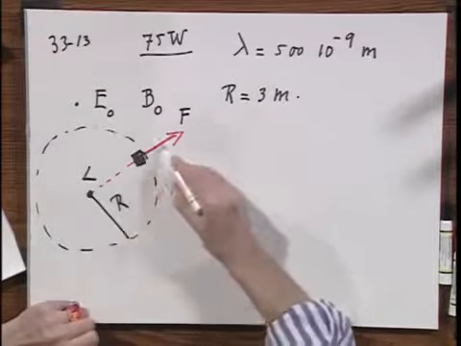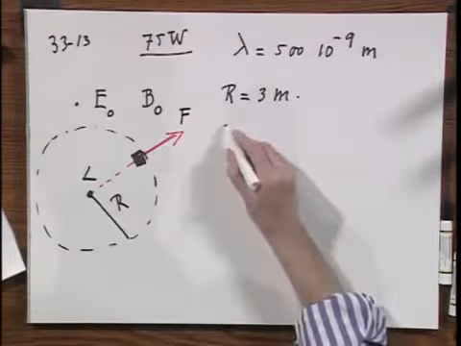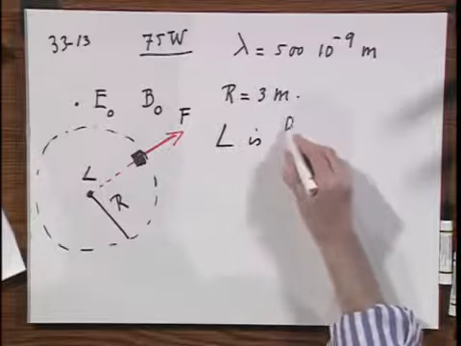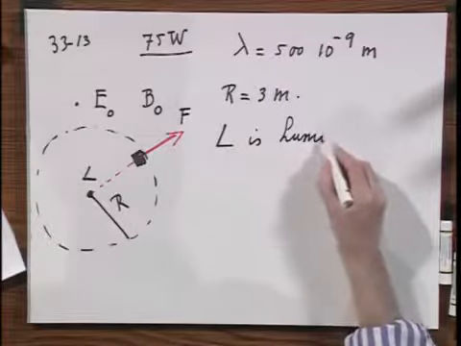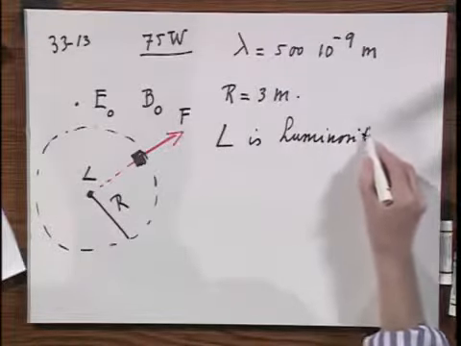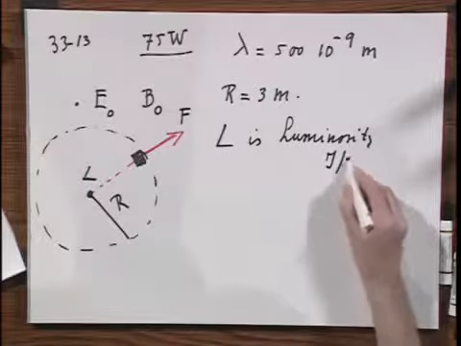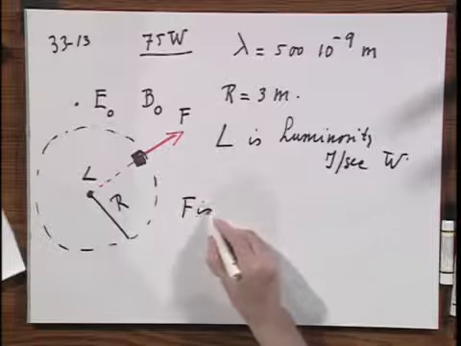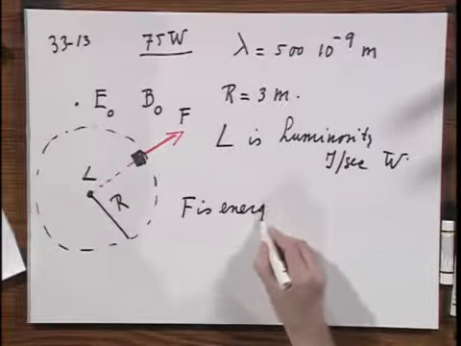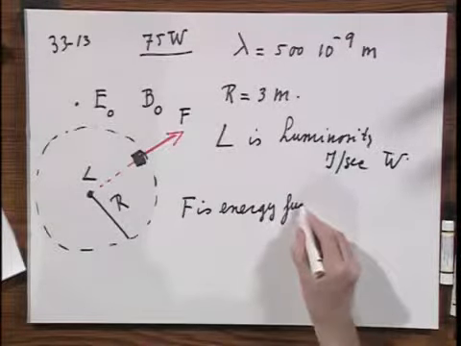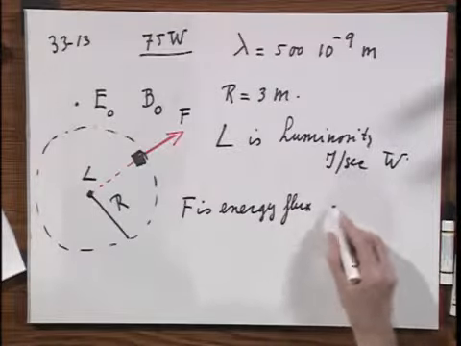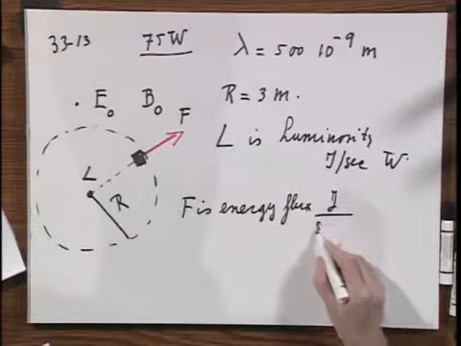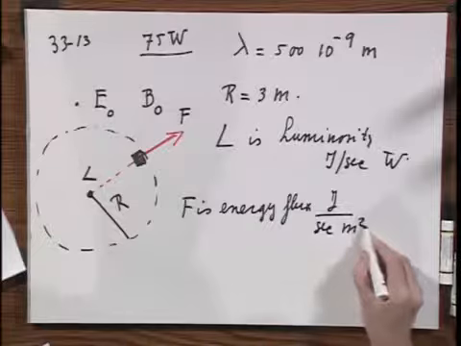It's in the same direction that the radiation is going. So L is luminosity, which is always in joules per second. That means in watts. F is energy flux, which is joules per second per square meter.